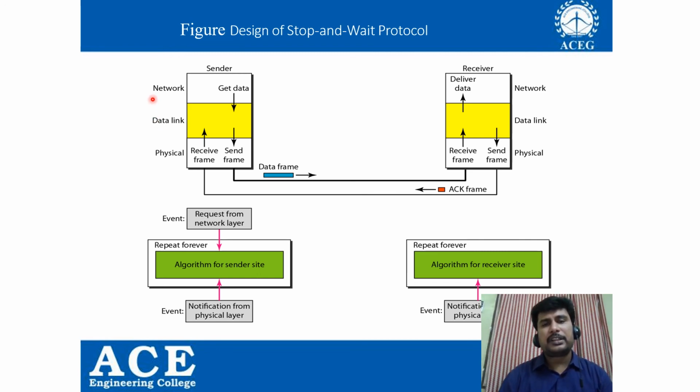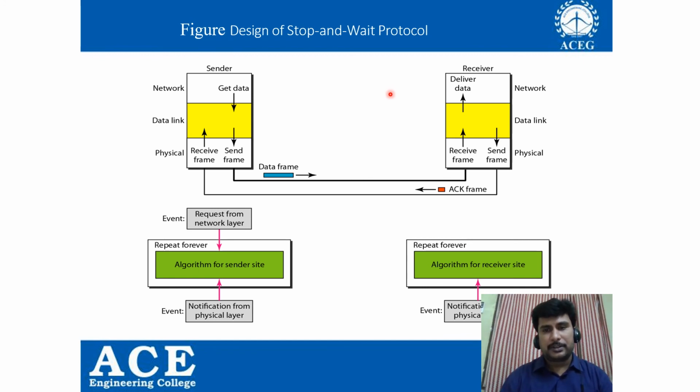After converting the datagram to a frame, the data link layer forwards the frame to the physical layer, which will forward this data frame to the receiver through the noiseless channel. The receiver receives the frame and forwards it to the physical layer, which forwards it to the data link layer. The data link layer separates the header and trailer.